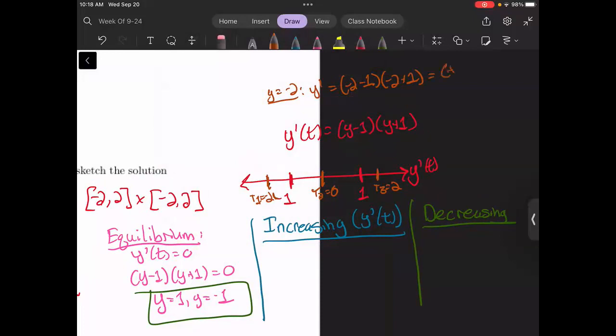That's positive 3. Since it's greater than 0, our derivatives are increasing. So it's positive, so it's increasing.